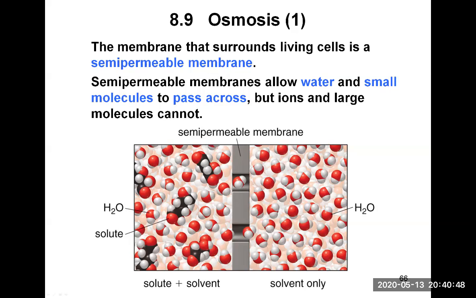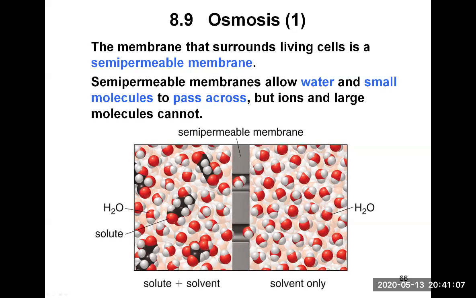You can see the illustration here, where the membrane is illustrated as the gray wall in between the two sides, and there are some pores where we can see some water molecules go through.